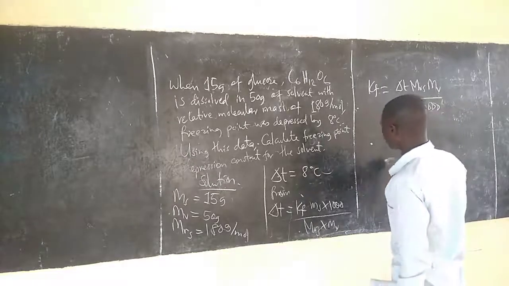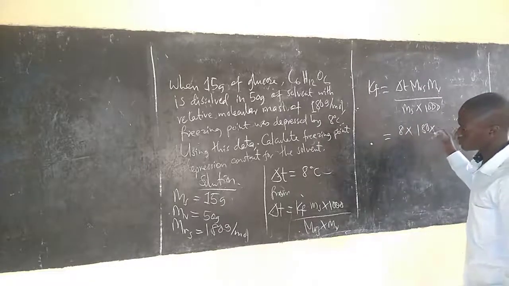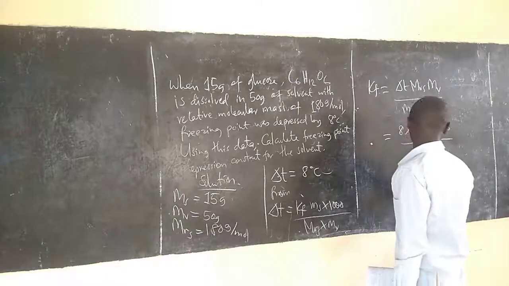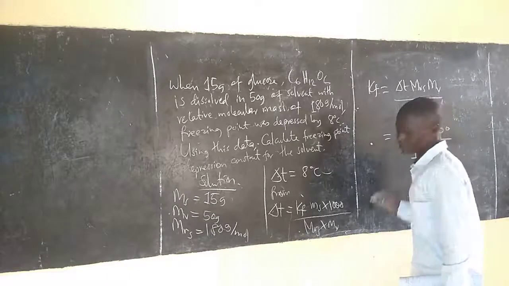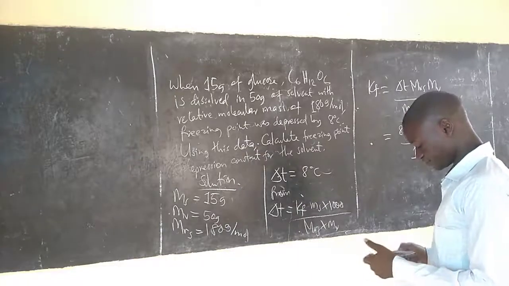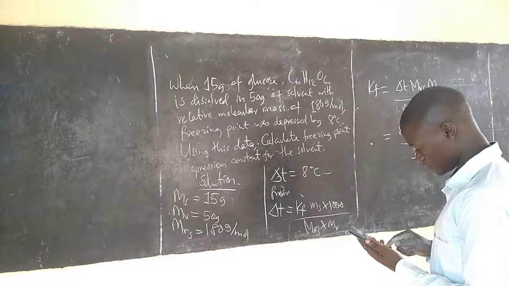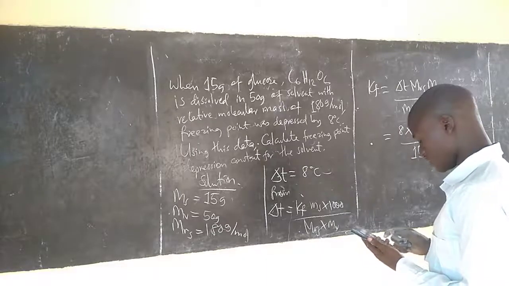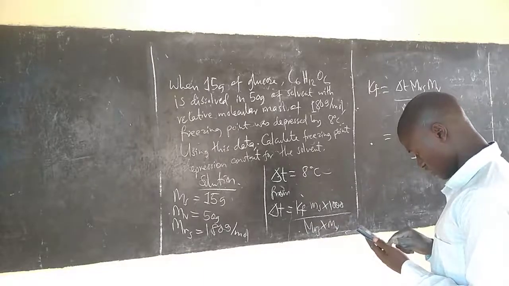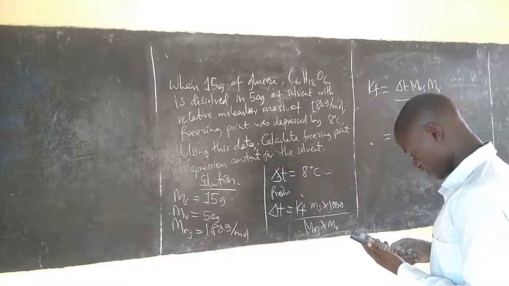So change in T we get is 8, molar mass of solute 180, mass of solvent is 50, mass of solute is 15, and that 1000. So when we calculate the cryoscopic constant we get 8 times 180 times 50 divided by 15 and 1000.